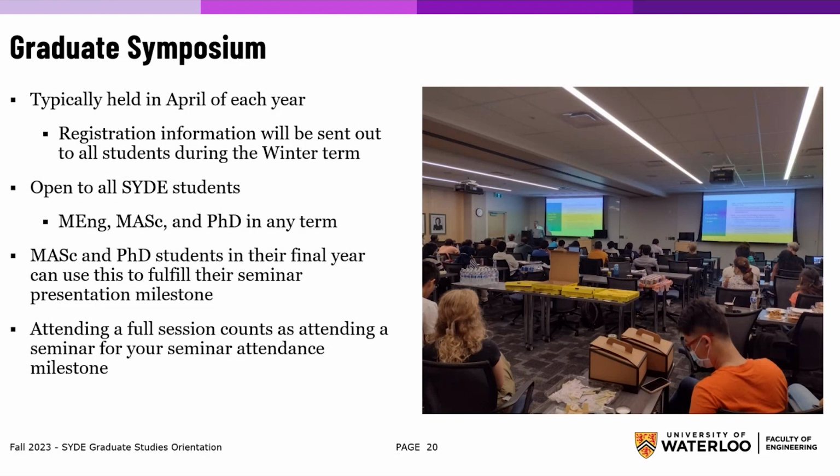We do have a graduate symposium, which is held in the spring each year, and registration information goes out. It's open to all systems design students in any program in any year. And if you present at it, it counts as your seminar presentation. And if you attend as an attendee for a session, I think a session is 4 presentations and they're only like 15 minutes each, that counts as one of your seminar attendance for the term.